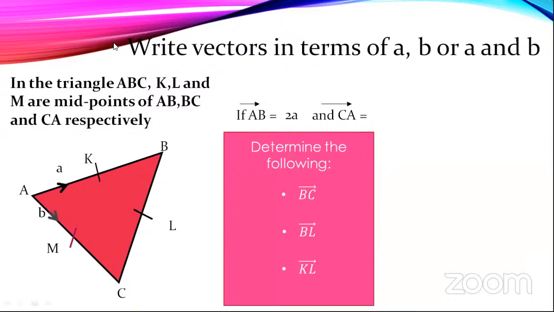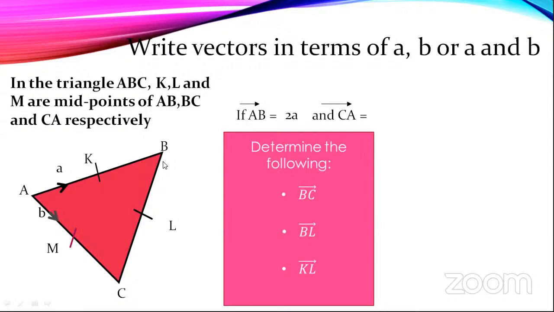Now the question says, in the triangle ABC, K, L and M are midpoints of AB, BC, and CA respectively. Now we have our diagram here that's not drawn to scale, but they gave us some more information.